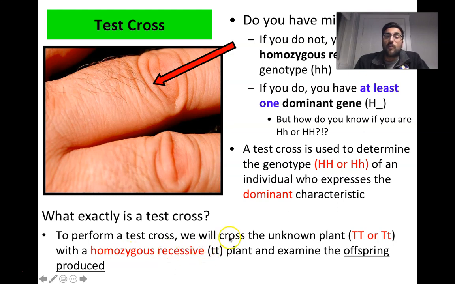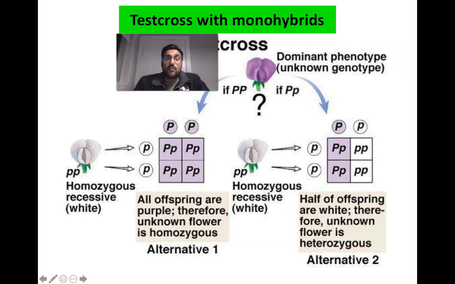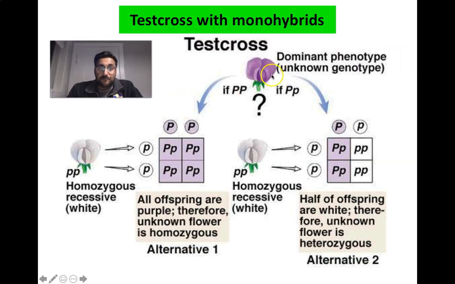To do a Testcross, you always cross your unknown dominant with a homozygous recessive individual every time. So you have two options. When you perform a Testcross, you are either going to have a homozygous dominant individual, or you're going to have a heterozygous individual.